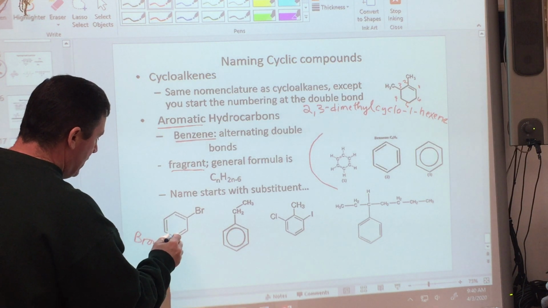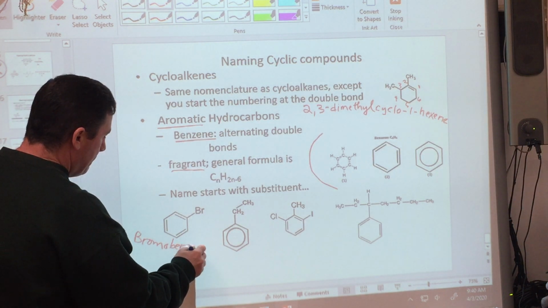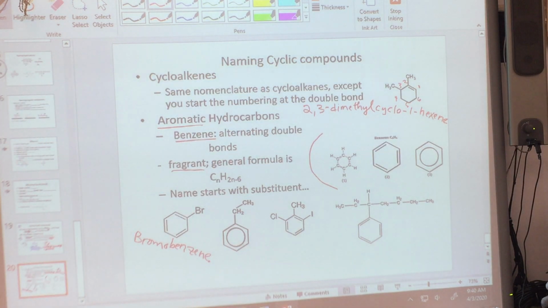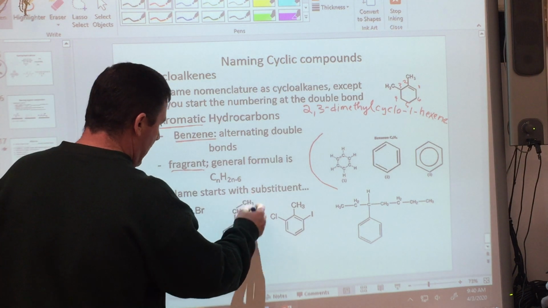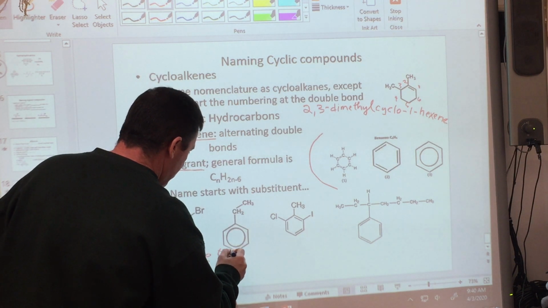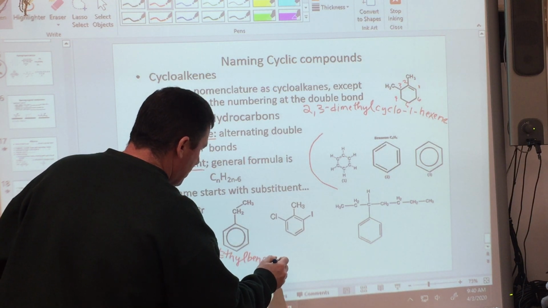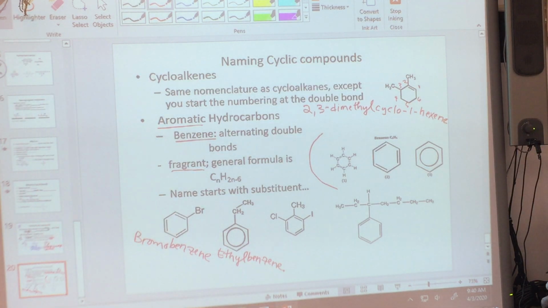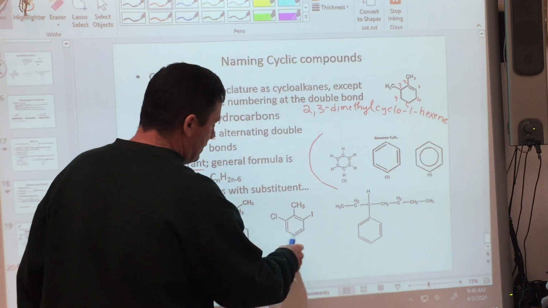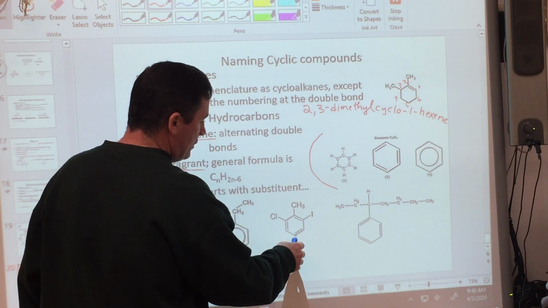Okay? So, just the last little piece here, because these are benzene, then I just name it. This is bromobenzene. And my substituent here is an ethyl group. This is ethylbenzene. This one I'm going to be a little bit more specific. Now, in this case, I have 3 double bonds, so I can't say that this is number 1 or this is number 1.